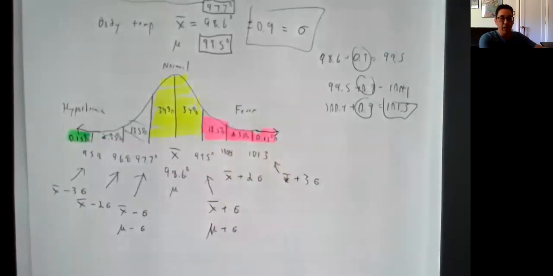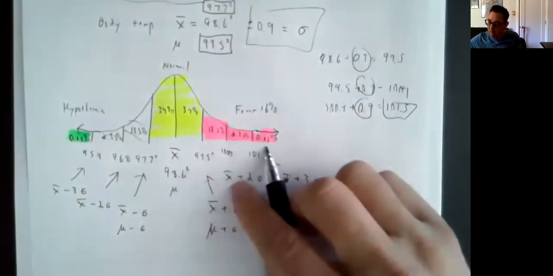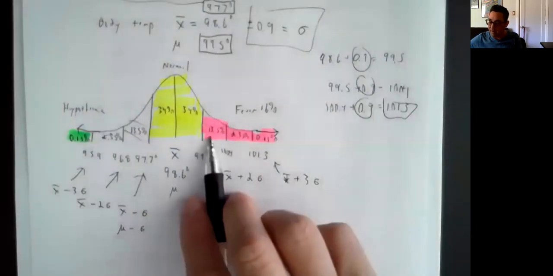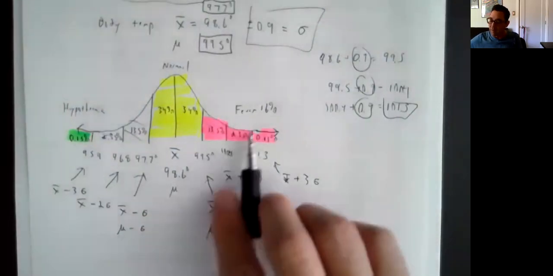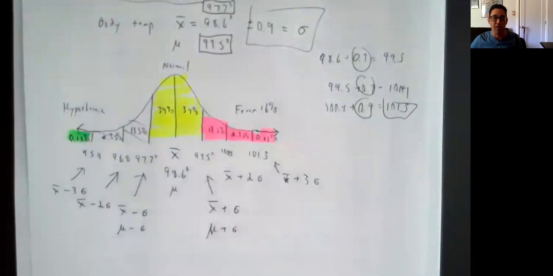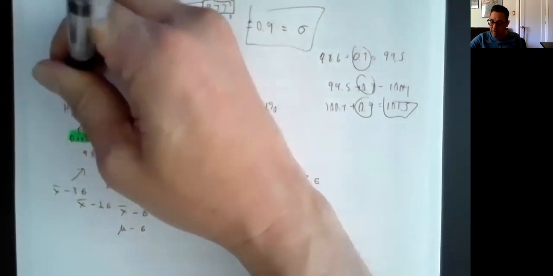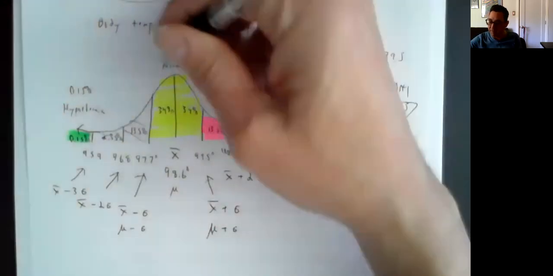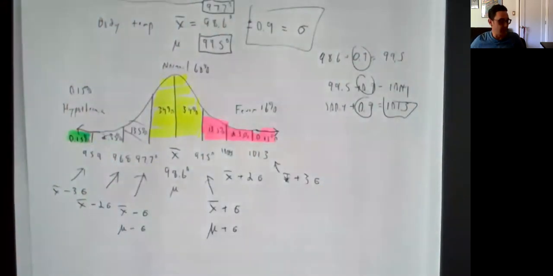So this red area, 16% of people have a fever, because I just added up this percentage plus this percentage plus this percentage. So that also means 16% of people have a temperature of more than 99.5 degrees. Hypothermia, only 0.15% of people have hypothermia, and 68% of people are normal, because 34 plus 34.